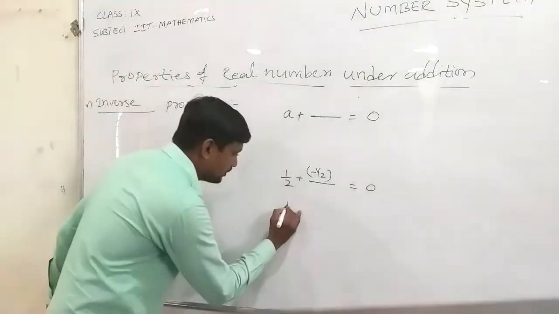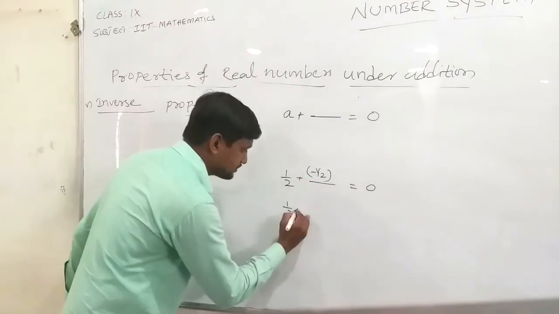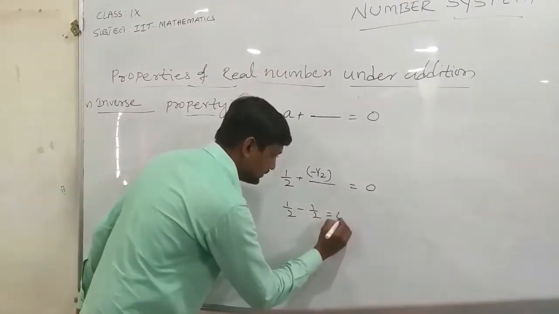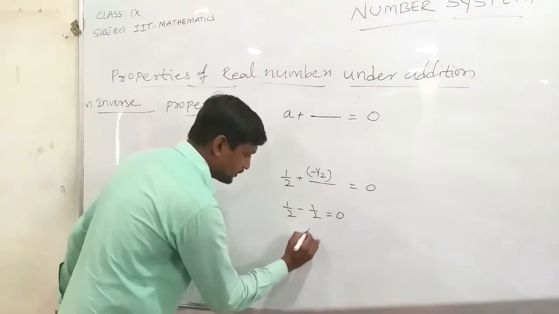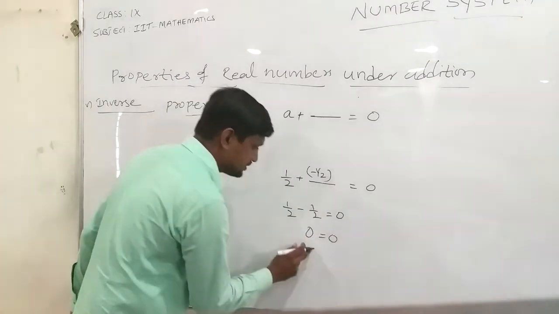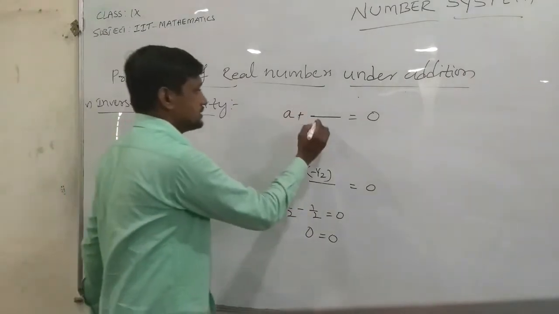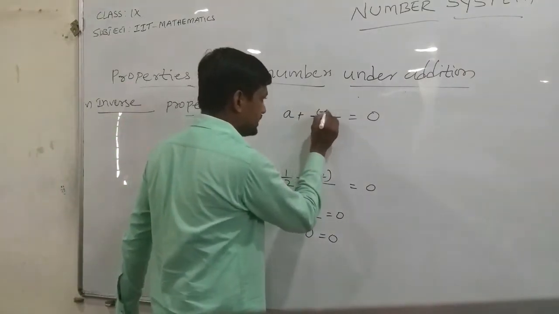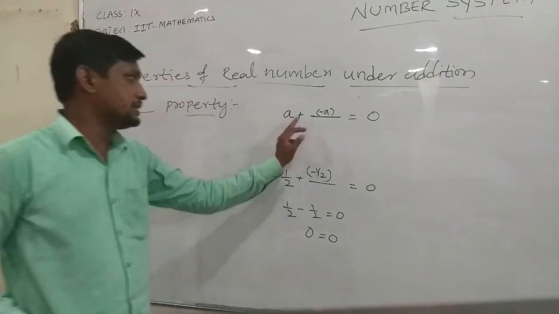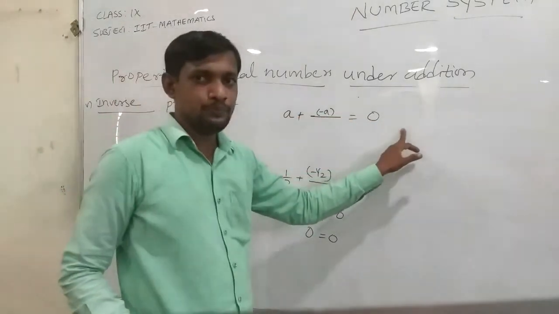See here, 1 by 2 plus minus 1 by 2: the plus 1 by 2 and minus 1 by 2 cancel, that is 0 equal to 0. That means minus 1 by 2 I need to add. So for A, if I am adding minus A, then the value will be 0.